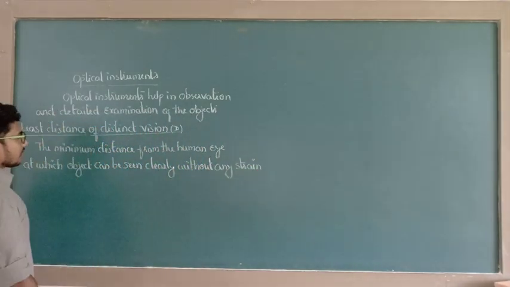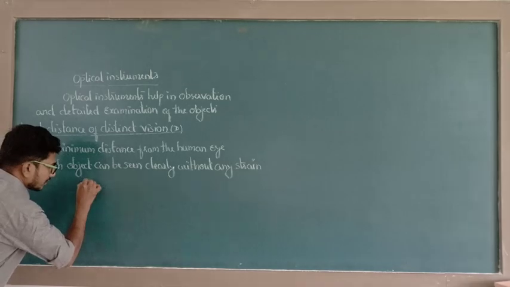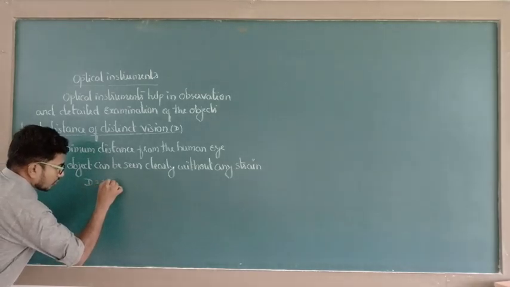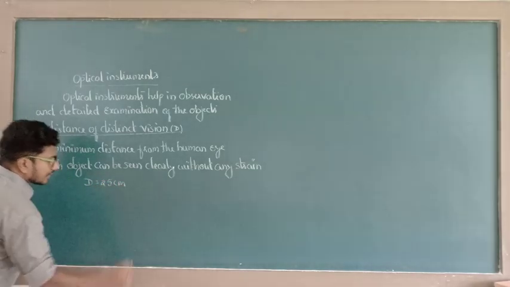For a healthy or normal eye, this distance is equal to 25 centimeter.